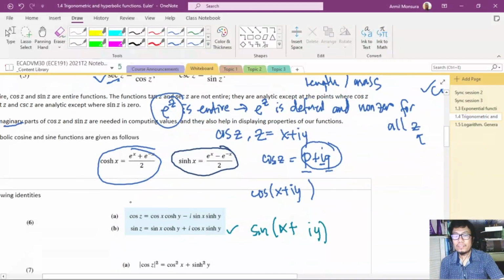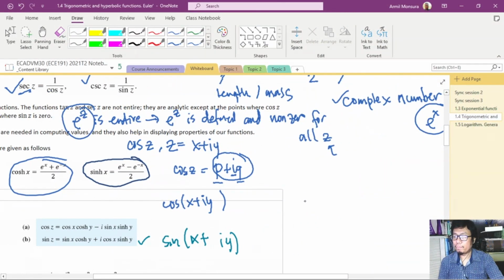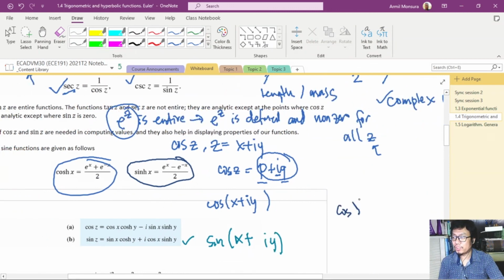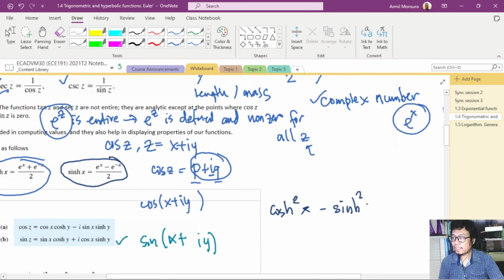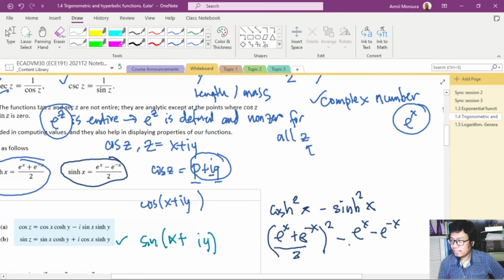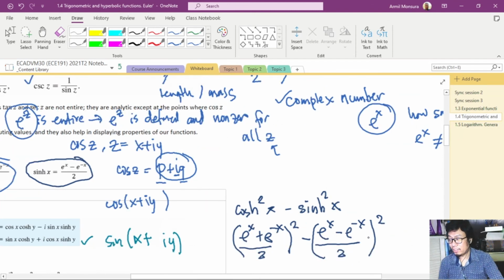If you actually perform the operation hyperbolic cosine square x minus hyperbolic sine square x into these exponential expressions, that is e raised to x plus e raised to negative x over 2, squared, minus e raised to x minus e raised to negative x over 2, squared, and then compute the value of this, it actually becomes 1.